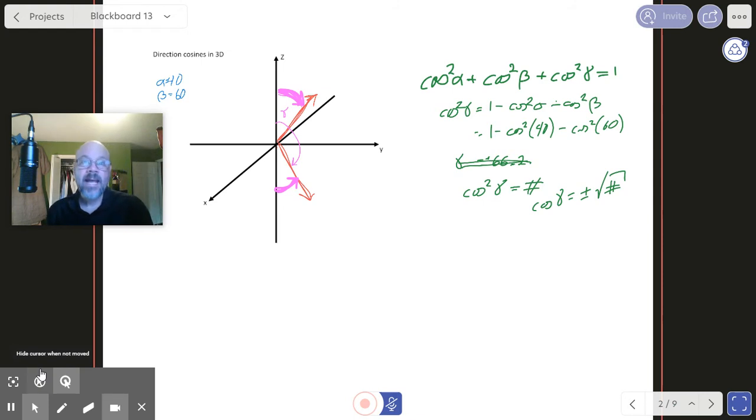Okay, just like that. All right, but the take-home point here that I want you to know is that we have another way to specify a three-dimensional vector, which is, what did I say that was? 66.2 degrees. All right, so I can use these angles, and these are called direction cosines. So if I have a magnitude and I have a direction cosine, then I can get all kinds of information about my angle.